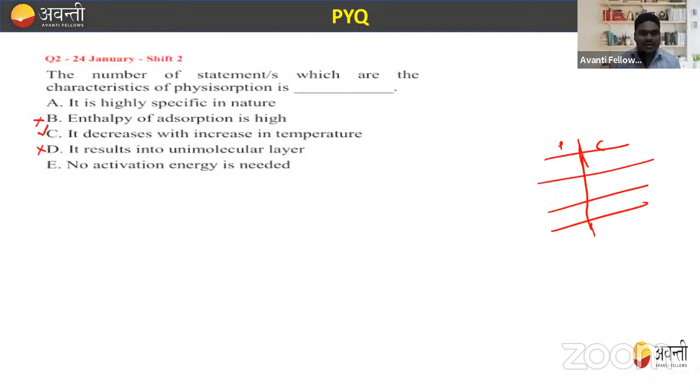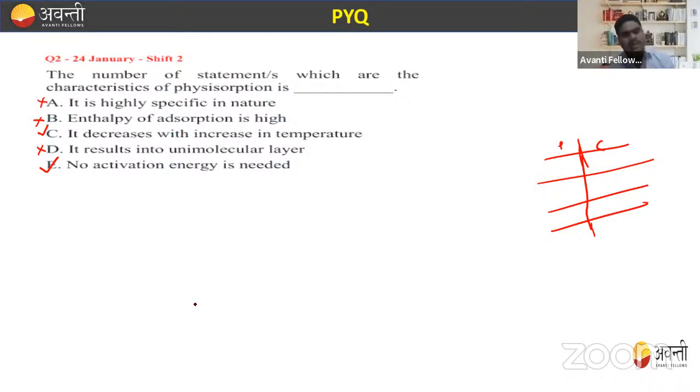The unimolecular layer statement is wrong. So only these two points, the first and last, are right.